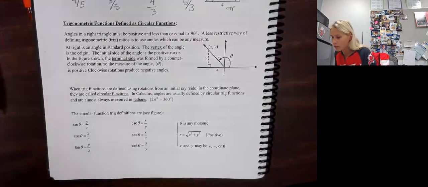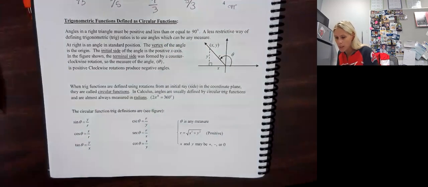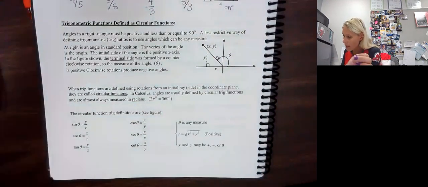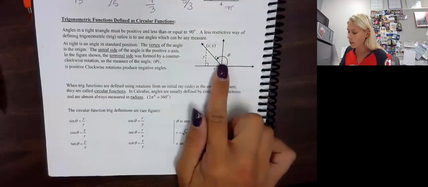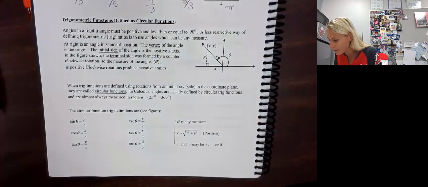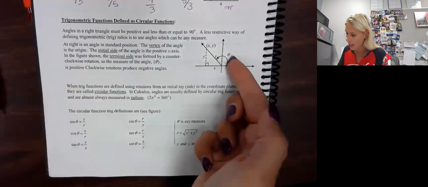A less restrictive way of defining trig ratios is to use angles that can be any measure. At right is an angle in standard form or in standard position. The vertex of the angle is the origin, so that will always be that. The terminal side of the angle is the positive x-axis, and in the figure shown, the terminal side is formed by counterclockwise rotation, okay, counterclockwise.